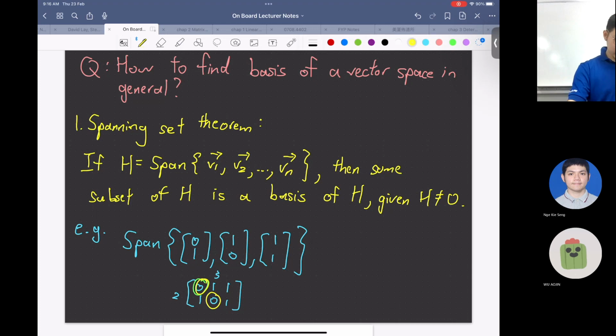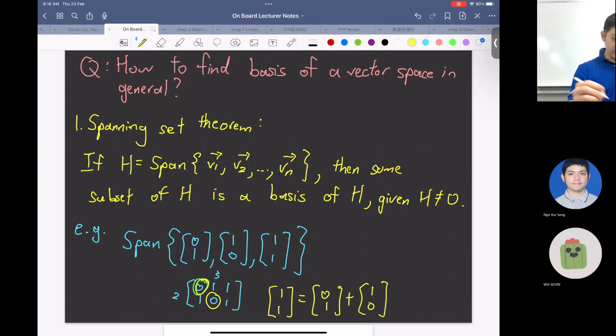You can see it in another way. Can I write it down, or are you guys okay? The other way is you can directly see that one vector is equal to (0,1) plus (1,0).